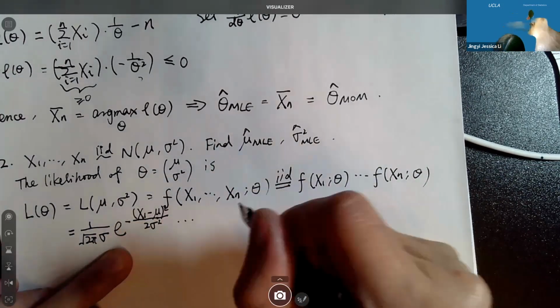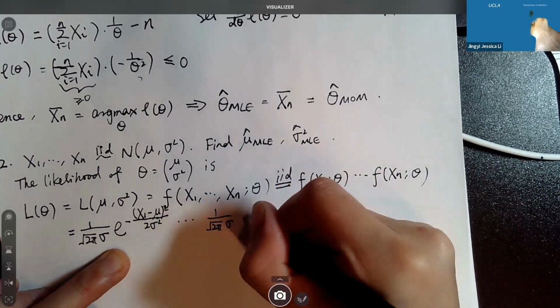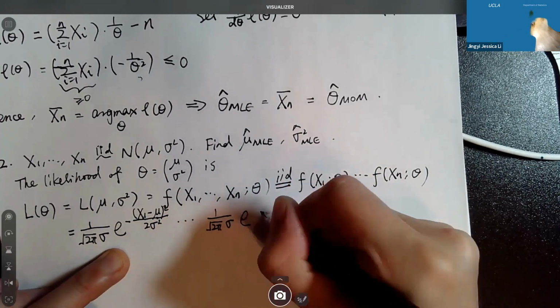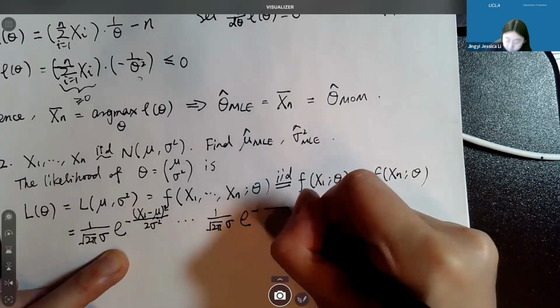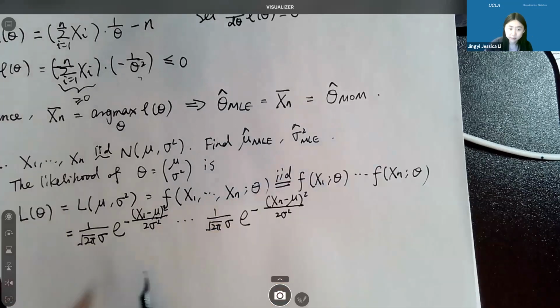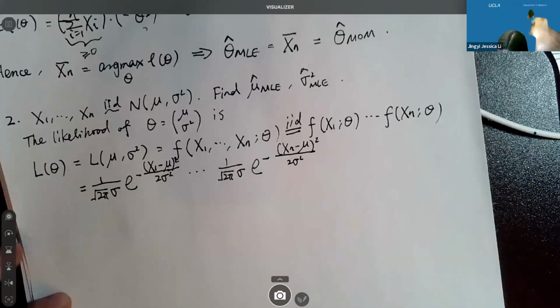Multiplying to 1 over root 2 pi sigma exponential to the negative (Xn minus mu) squared over 2 sigma squared. So n of such terms are multiplied together. Combining the terms, the first one appears n times.